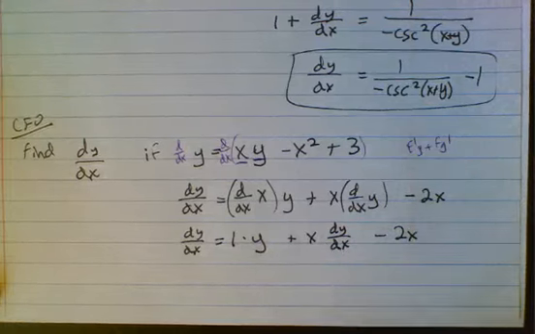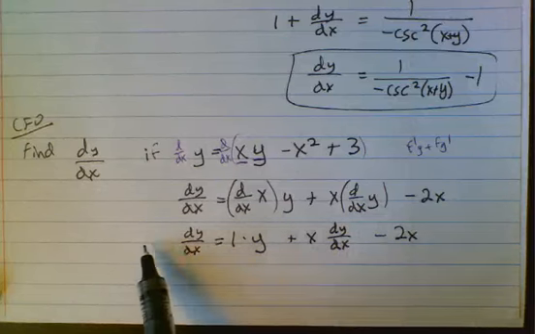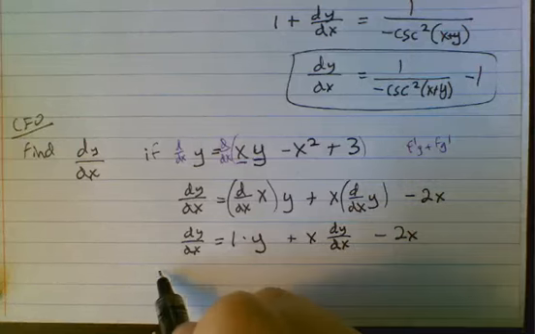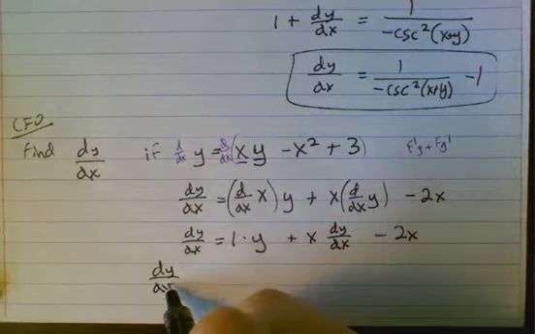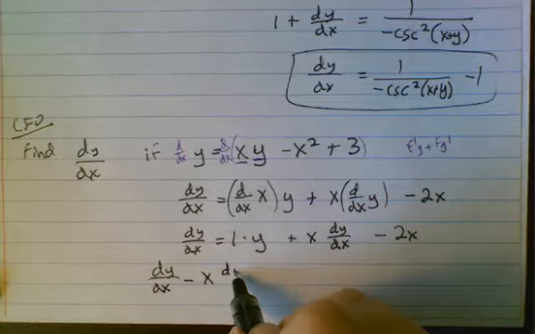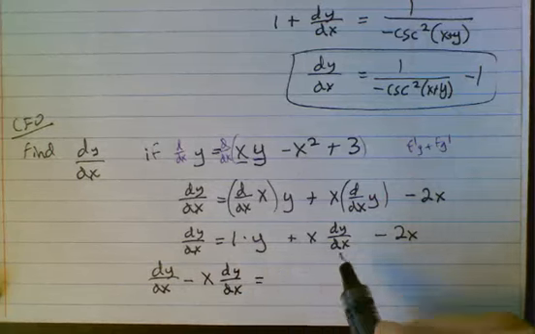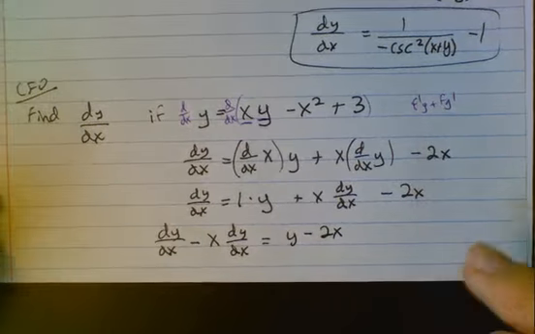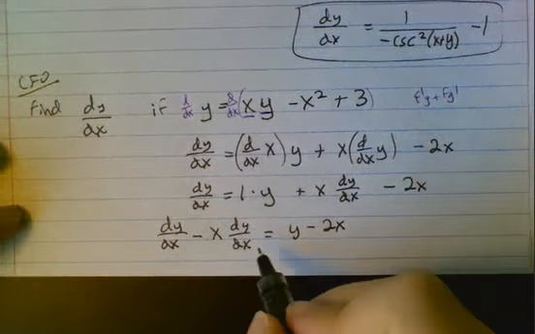Now we want this dy/dx by itself on just one side of the equation. So I'm going to subtract this x dy/dx over here. Y minus 2x. Again, I can factor this out.